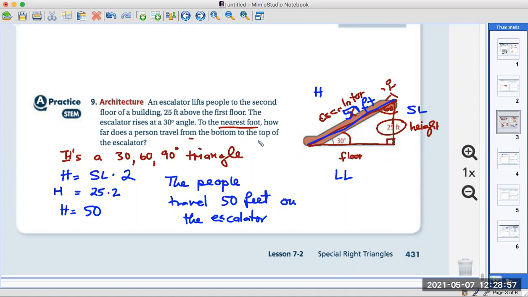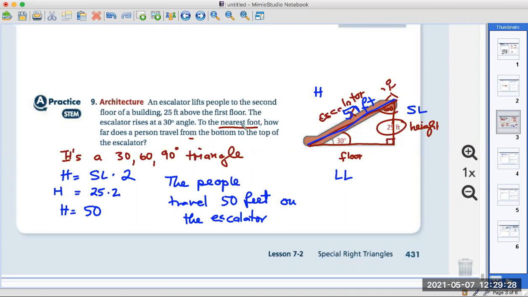Then they might have to say, what is the distance? I don't know. The way they ask it, it's ambiguous if they want to know this length or this length. I don't know how you would change the question to make sure it's this part right here. But I have a feeling they want to know this length.